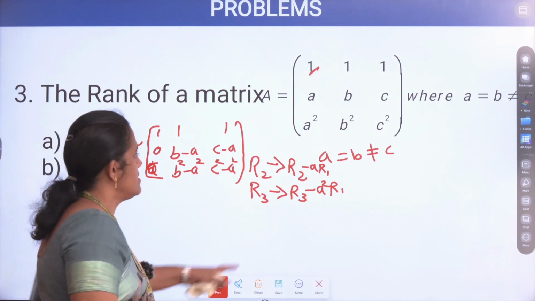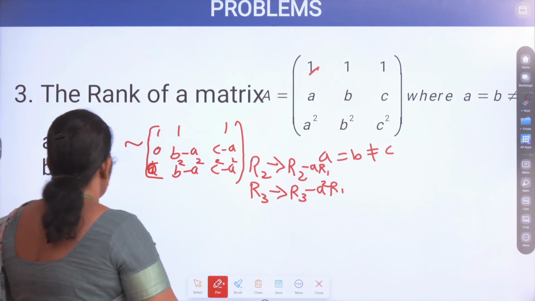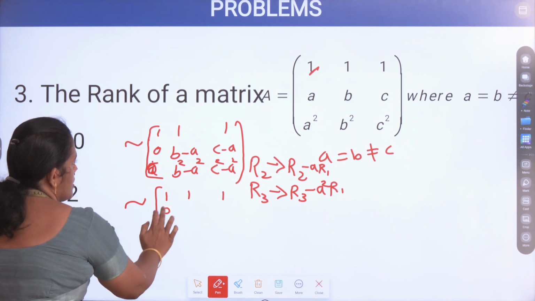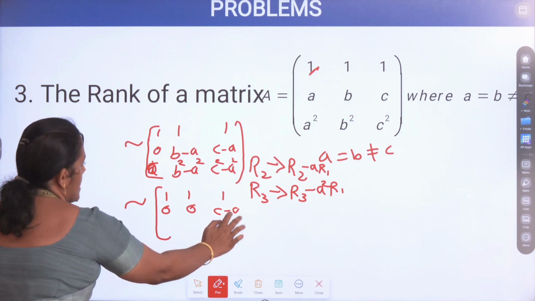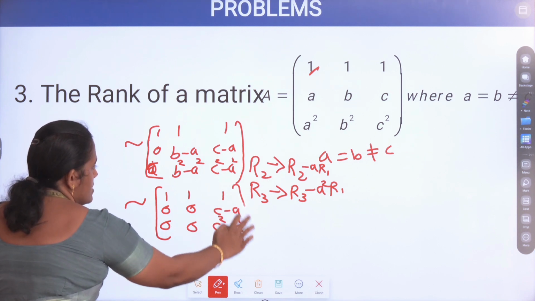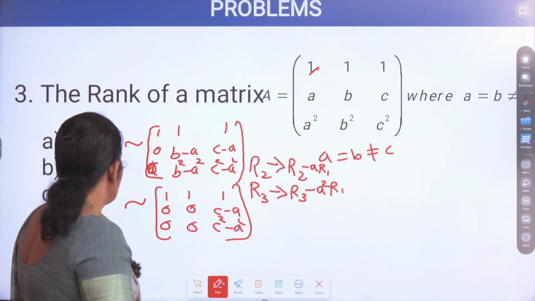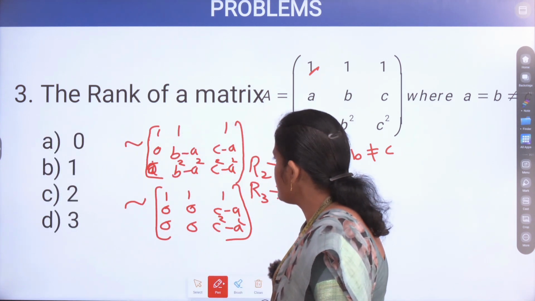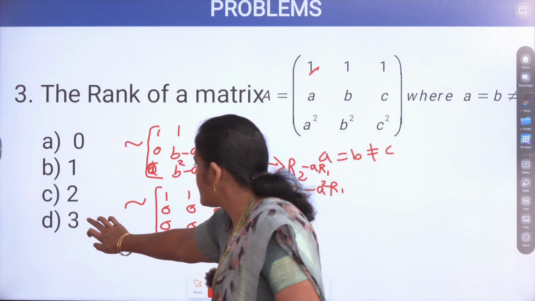The condition is A and B are equal. So this can be written as 1 1 1, 0 0 C minus A, 0 0 C square minus A square. So this is the final echelon form. No row vanishes, so the rank of the matrix is 3.